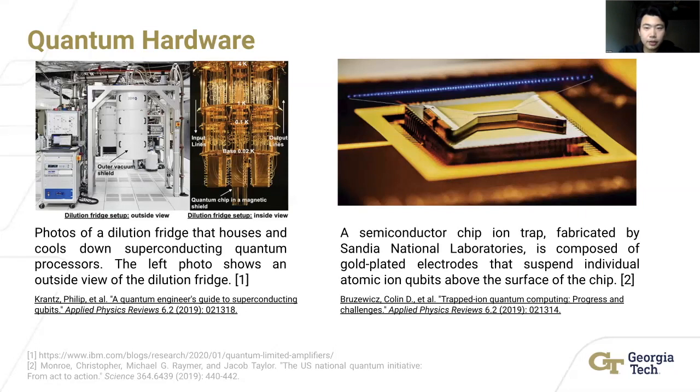And for the operations, unlike the superconducting qubits, where you directly send microwave pulses to them, we need a lot of laser pulses to operate ion traps, which is one of the disadvantages of this architecture.